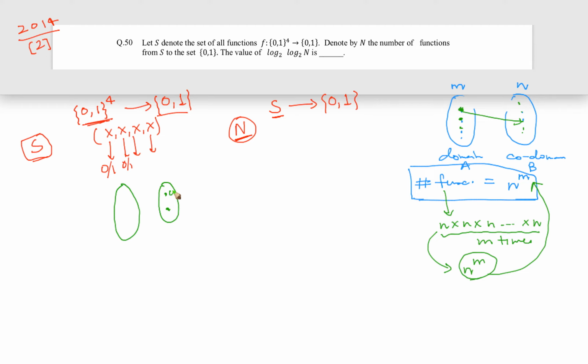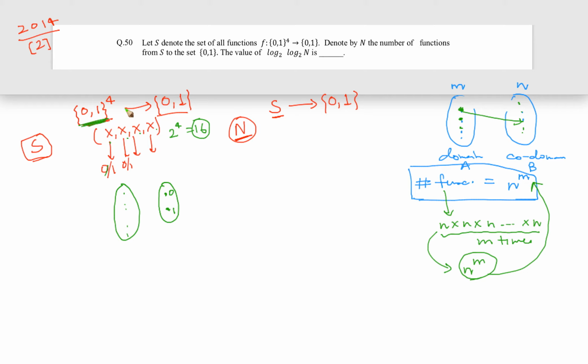There are two elements, 0 and 1. However, how many elements are there in the first set? I told you already that you can understand it like a 4 tuple, and each of them can be in two ways, so 0 or 1, 0 or 1. So how many such tuples can be there? It can be 2 into 2 into 2 into 2, so overall 2 raised to the power 4, which is 16. So there are 16 different tuples possible using this notation.